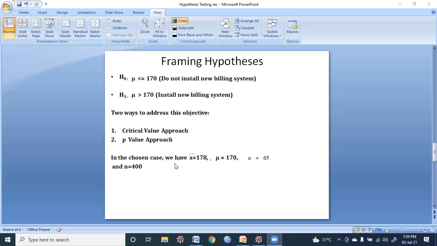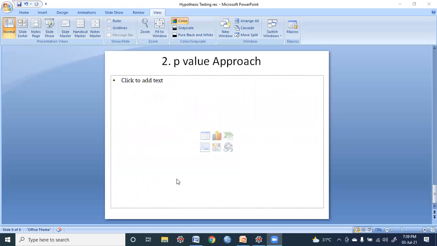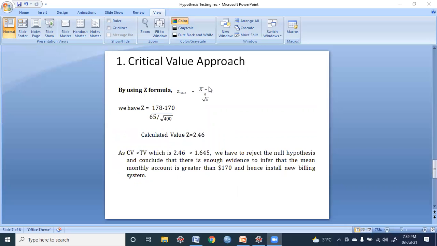So in the chosen case, the sample mean is 178, the population mean is 170, the standard deviation is 65, and the number of samples is 400. In the critical value approach, we use the Z formula, that is Z stat equal to x bar minus mu divided by sigma by root n. Substituting the given values, we arrive at the calculated value of Z equal to 2.46.